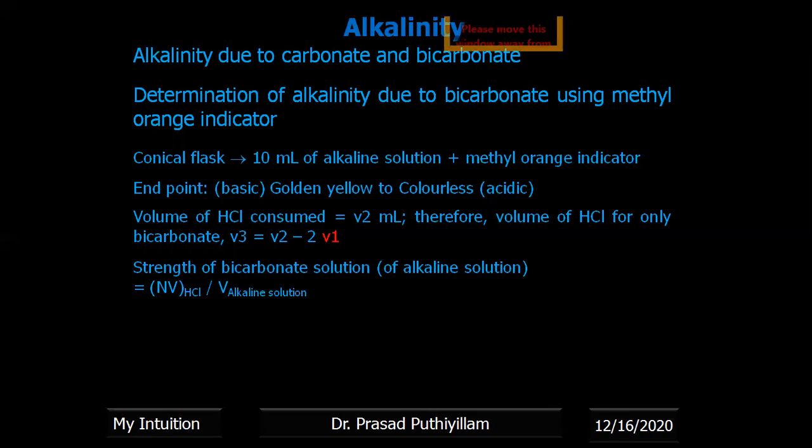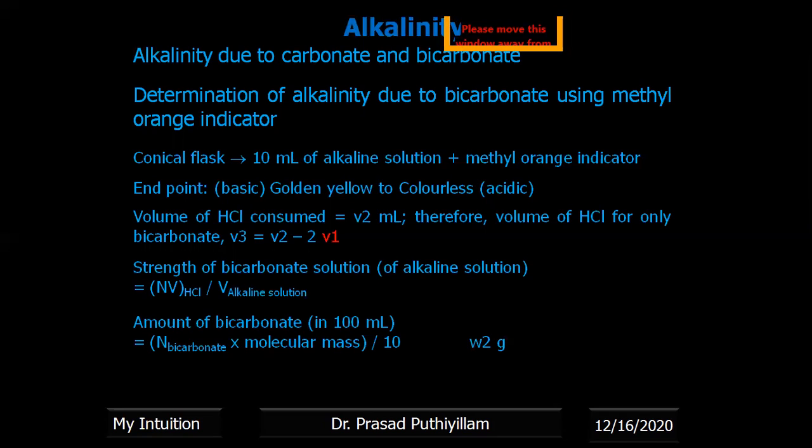The strength of bicarbonate solution will be normality times the volume of HCl divided by volume of alkaline solution. That gives the normality of bicarbonate. The amount of bicarbonate is equal to normality times molecular mass divided by 10, since we prepared only 100 ml solution. Let it be W2. Here the molecular mass of bicarbonate is 61.01 or 61.008.